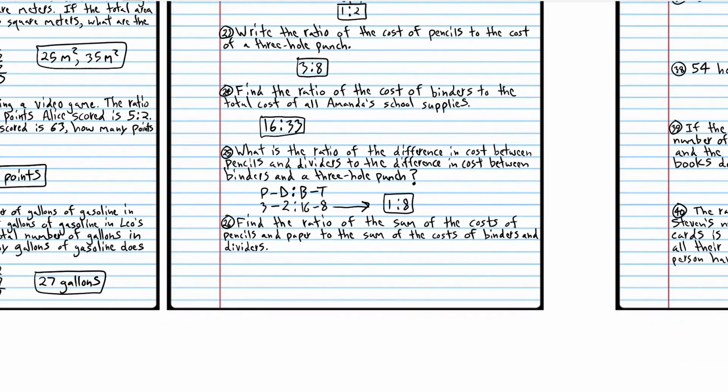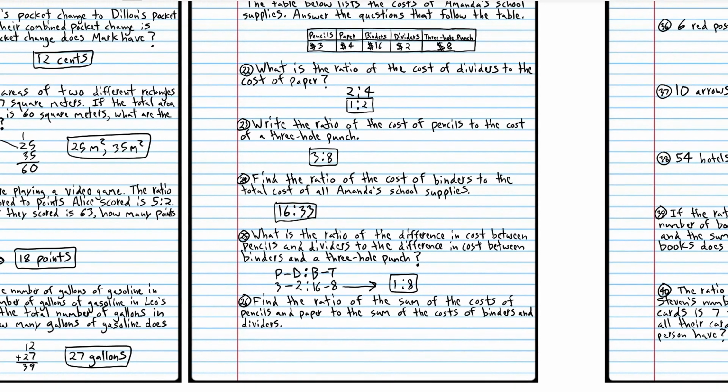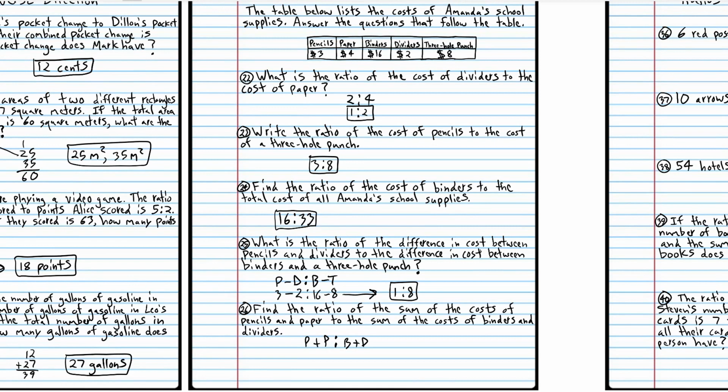All right, we're back. So find the ratio of the sum of the cost of pencils and paper, and they're both P's, but oh well, to the sum of the cost of binders and dividers. Pencils is 3, paper is 4, binders is 16, and dividers is 2.